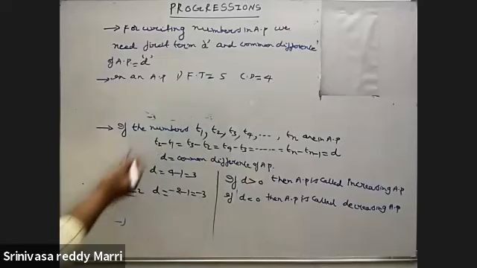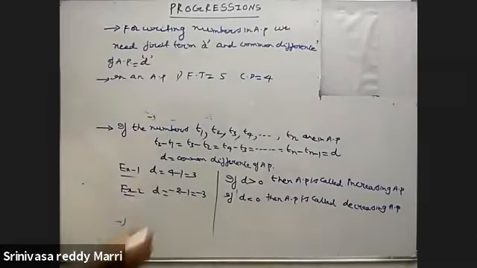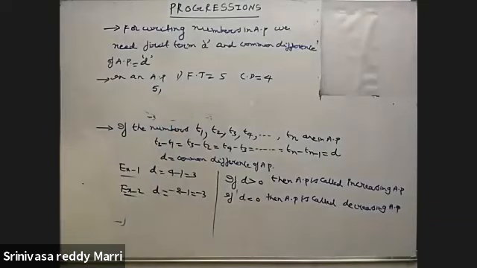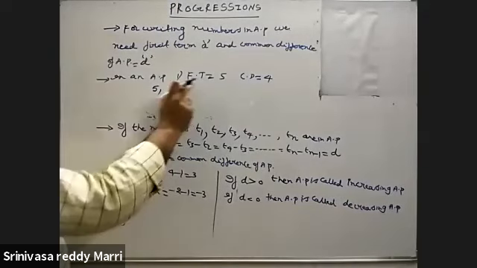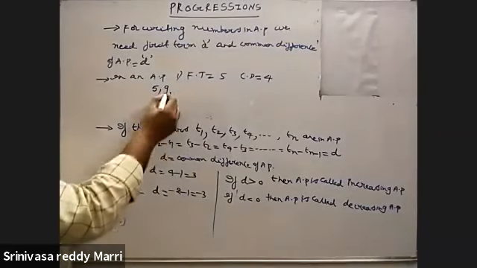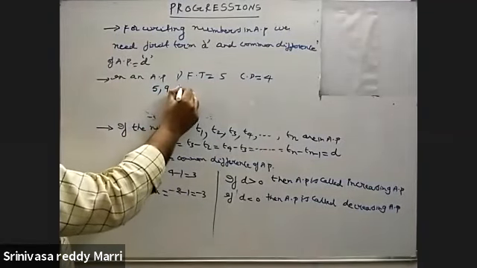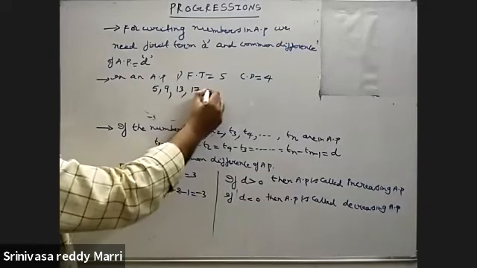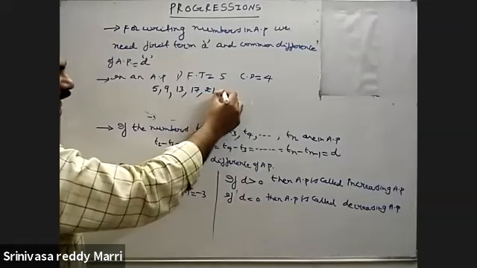Now you have to write the numbers in the AP. First term is 5. Next term, this plus 4, 9. Third term, 9 plus 4, 13. Next term, 17. Next term, 21. Like that.